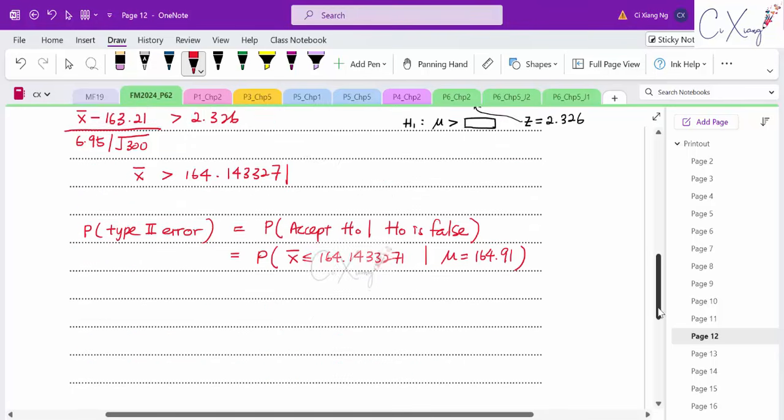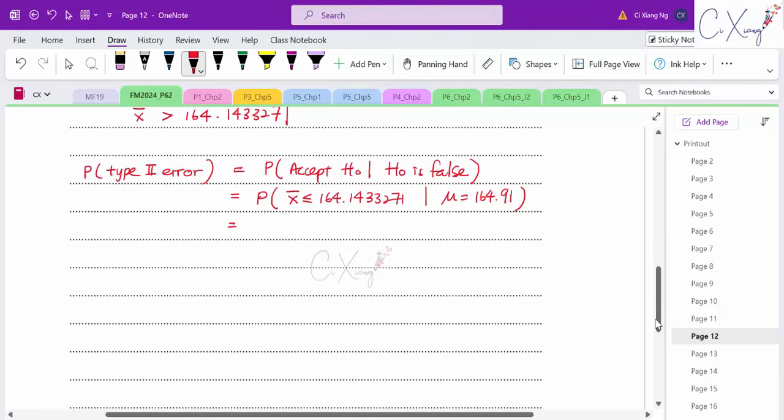How can I calculate the probability for the sample mean here? Again, it is still normally distributed, so I have to change it to Z. I take the original value, the boundary value here, minus the new mean, divided by the standard deviation, 6.95 over square root 300. Find the value of Z up to 3 decimal places.